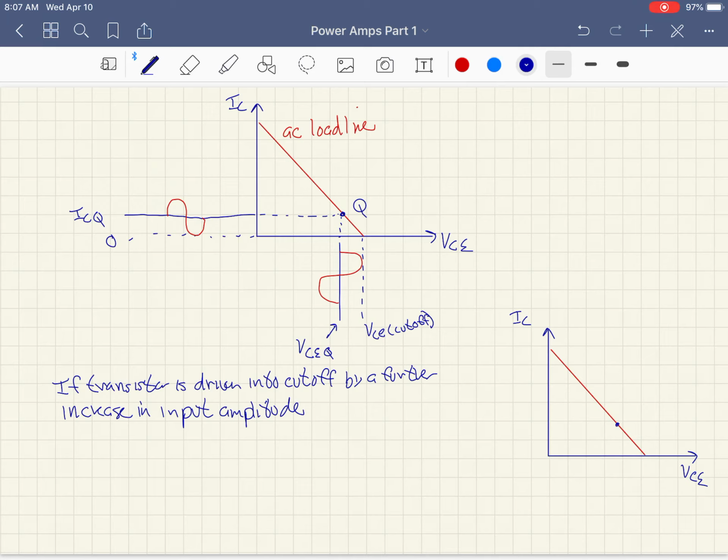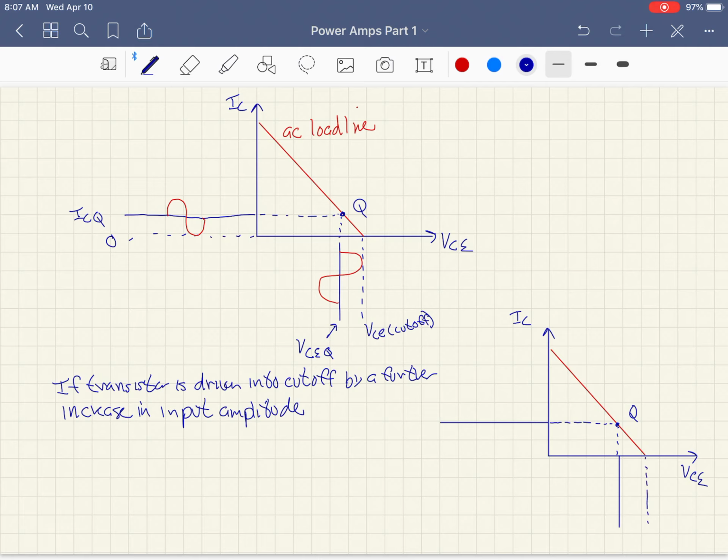Let's keep our Q point low on the load line, like the one we have above here. Let's draw some dashed lines.